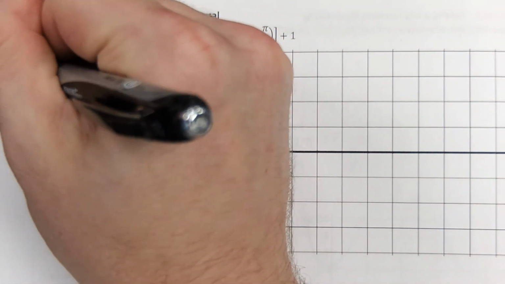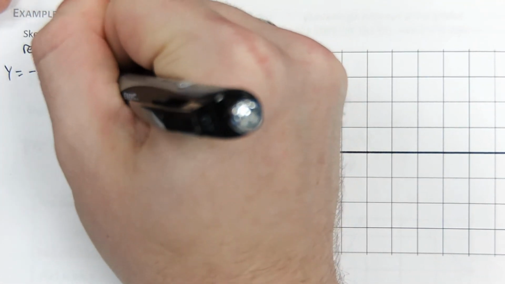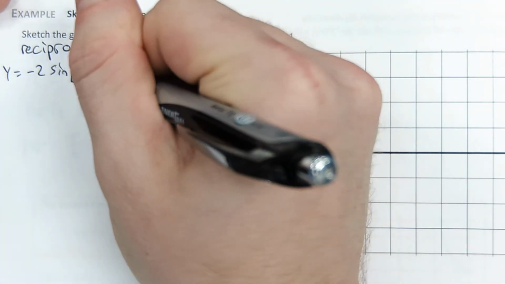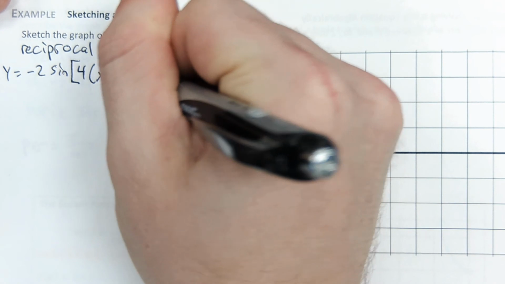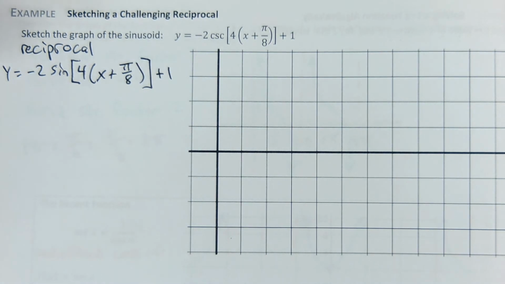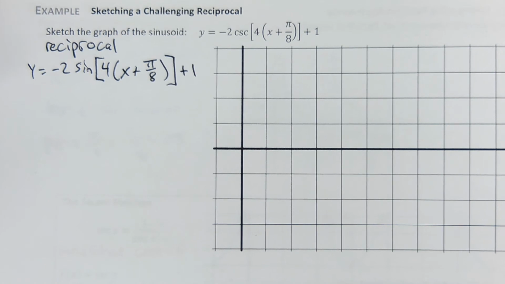Our reciprocal is y equals -2 sine. All right, we do have a horizontal shrink on our hands here and a phase shift. Oh, and we've been shifted up 1. So what do we have? Our reciprocal function does have a midline.